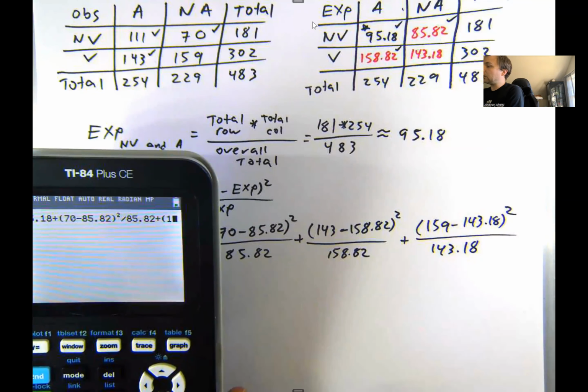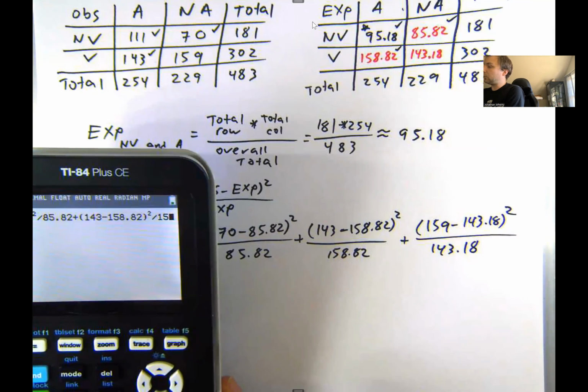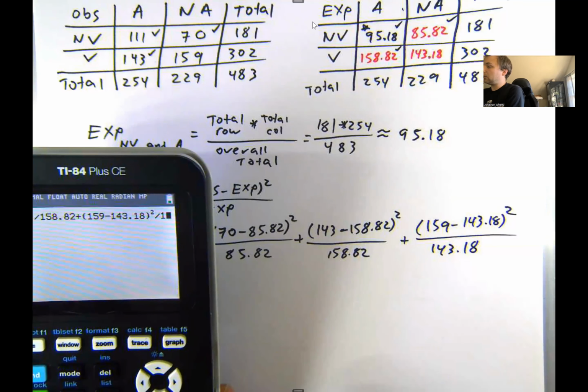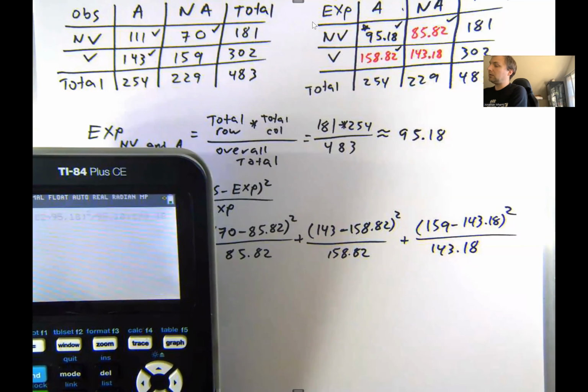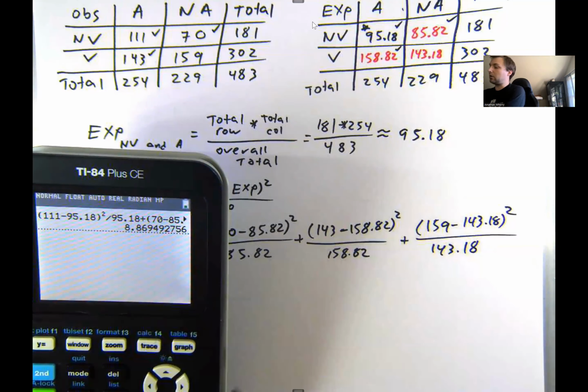I have 143 minus 158.82 squared divided by 158.82. And finally, I have 159 minus 143.18 squared divided by 143.18. And when I do this, I get a chi-squared of 8.87 or so.